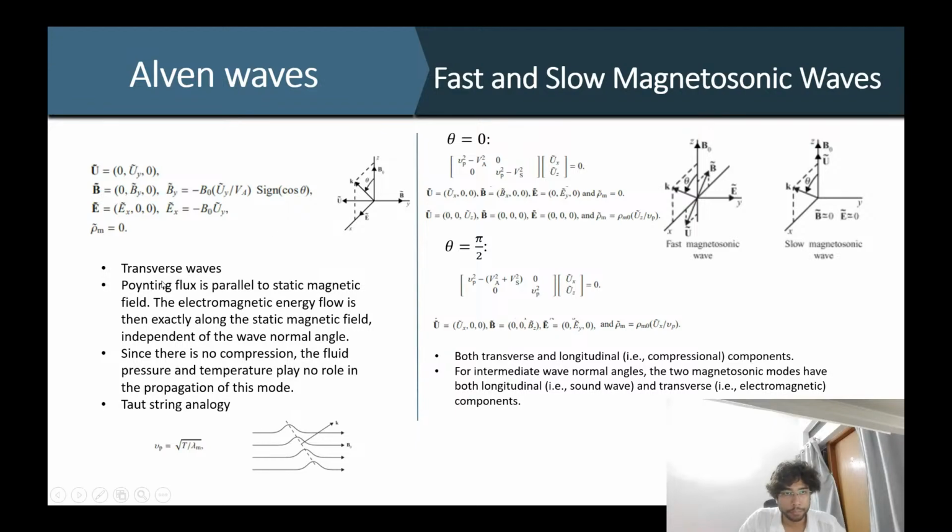So the Poynting flux is parallel to the static magnetic field, which is in the z direction. The electromagnetic energy flow is then exactly along the static magnetic field, independent of the wave angle.